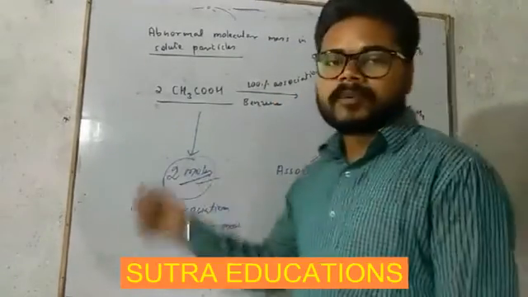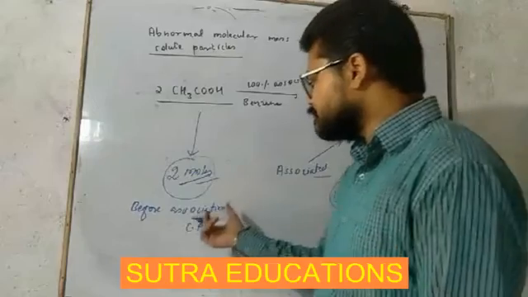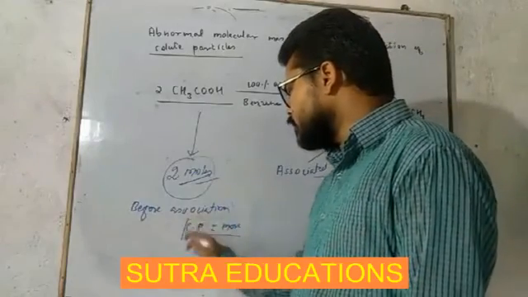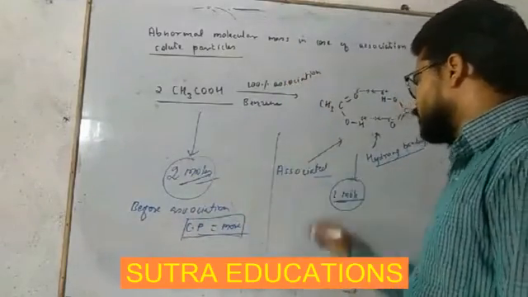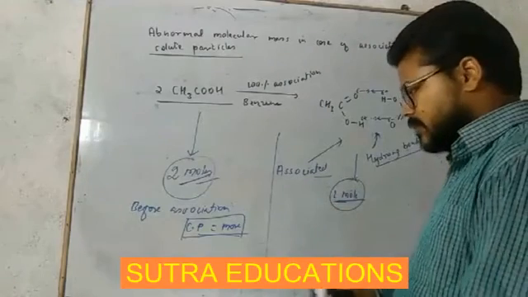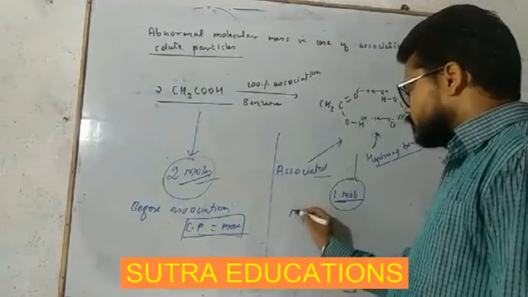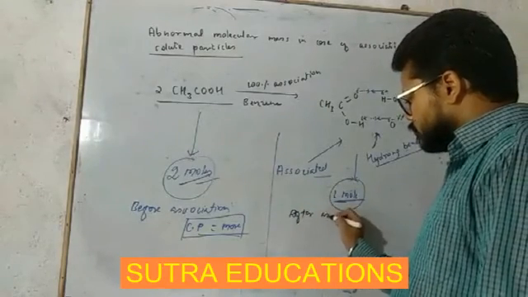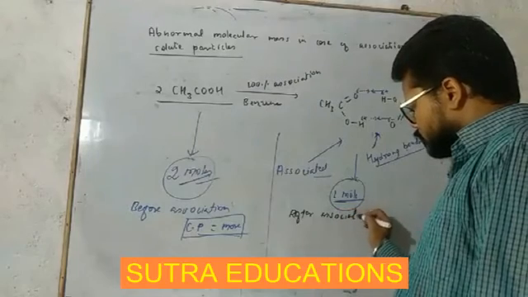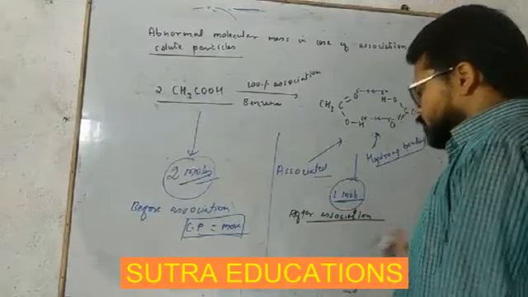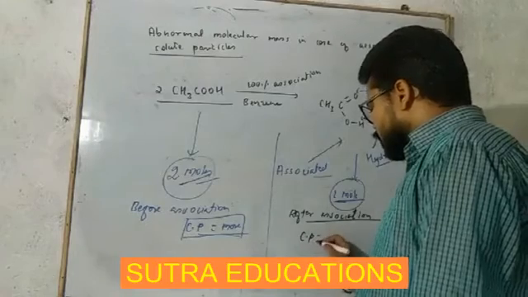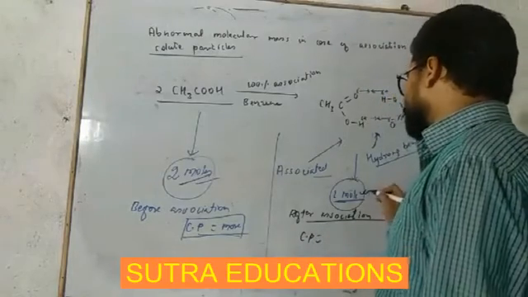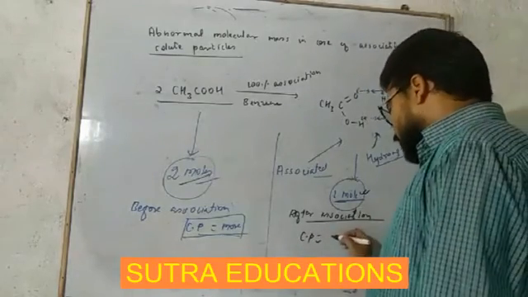So 2 moles of solute means colligative properties will be more here. And after association, what will happen? After association only 1 mole is left there, so colligative property will be less.